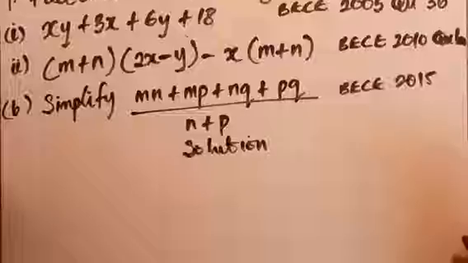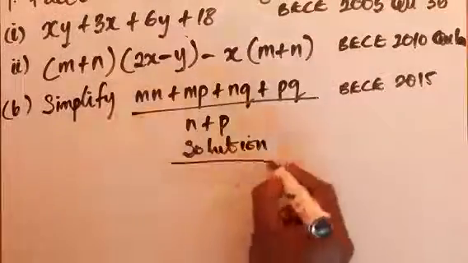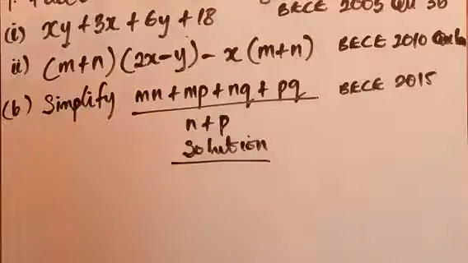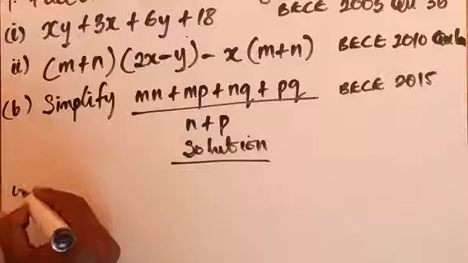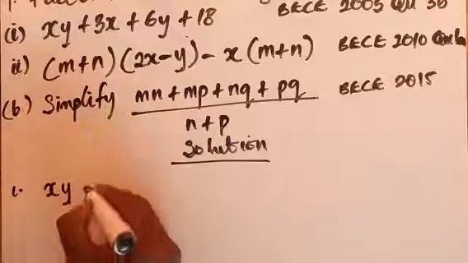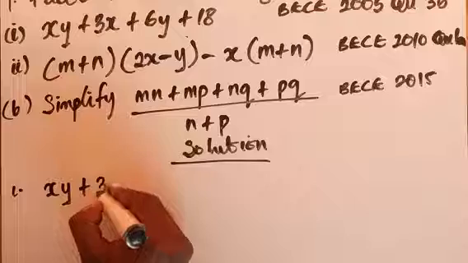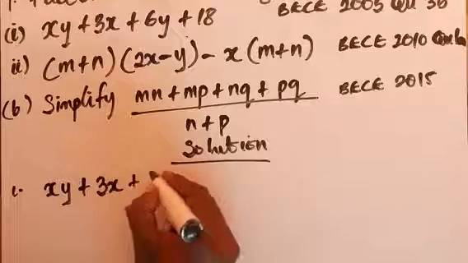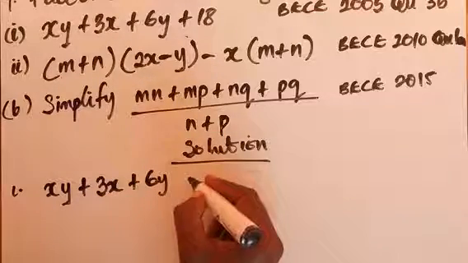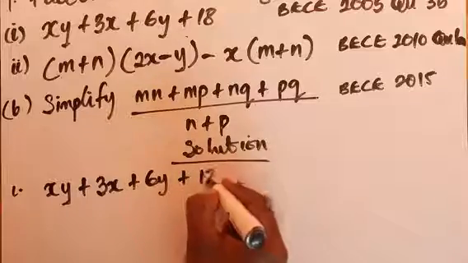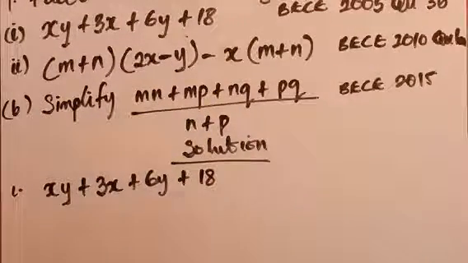Now we have the question as xy plus 3x plus 6y plus 18. Good. Let's see how we can group this so that we can simplify it completely.